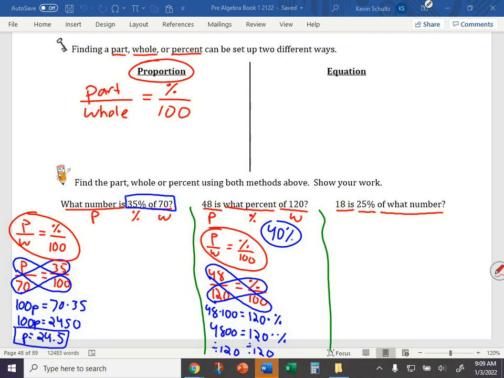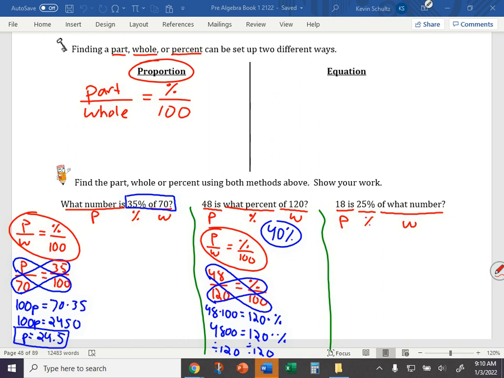Right? What's our part, Carter? 18 is the part. What's our whole? Tony? What number, right? That's what we're solving for. We don't know it. It follows the word of. And then our percentage? 25%.